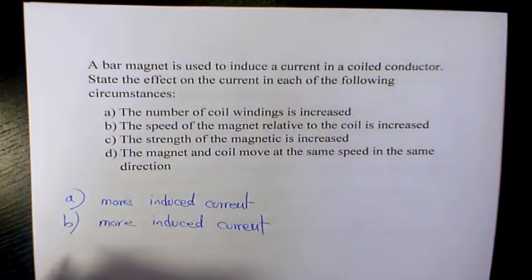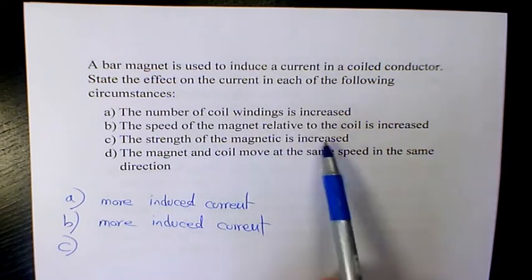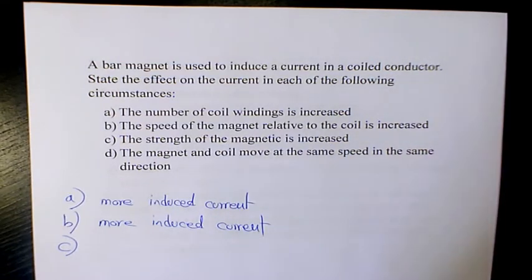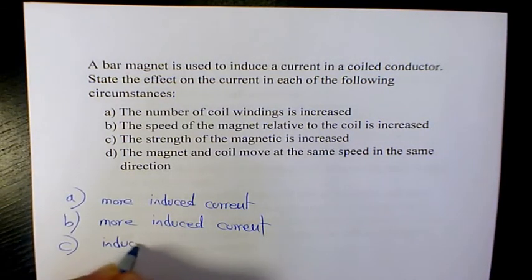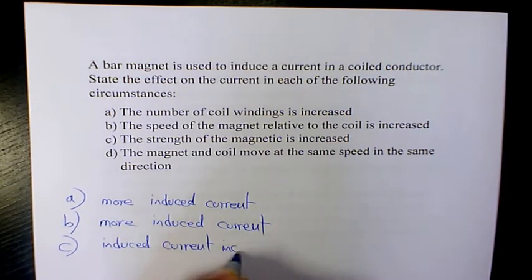So that increases. Part C. The strength of the magnet is increased. Yes, that's due to the law of electromagnetic induction. When we increase the strength of the inducing magnetic field, we're going to have more induced current. So we can say induced current increases.